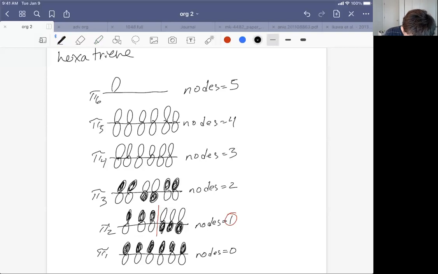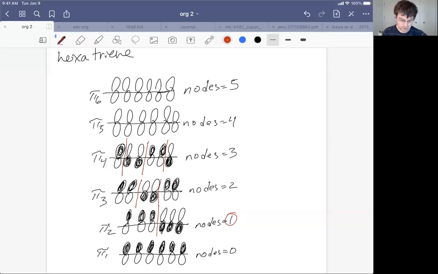And so what I do is I always just collect myself. So for 3 nodes, those 3 are going to be right here, right there, and right there. So our nodes are 1, 2, 3, where we see the color break. And I should have drawn here the 2 nodes for pi 3.